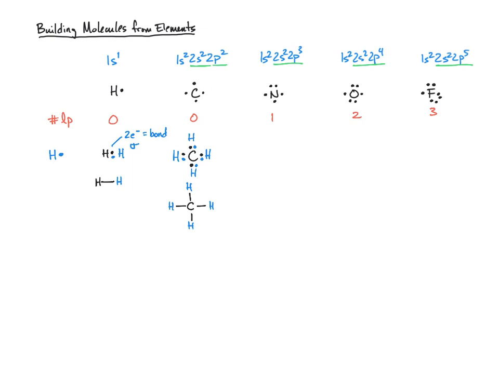Moving to nitrogen, it has a lone pair and then 3 unpaired electrons. So each of those will pair up with a hydrogen atom. And if we draw the dash formula, there's the lone pair, there's the 3 sigma bonds, and here are the 3 hydrogens.